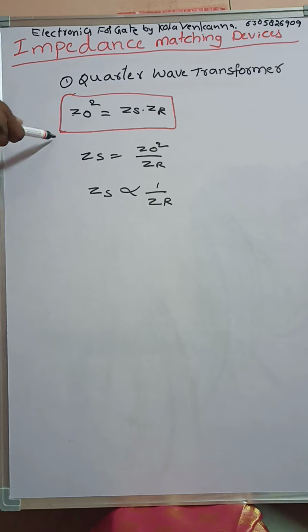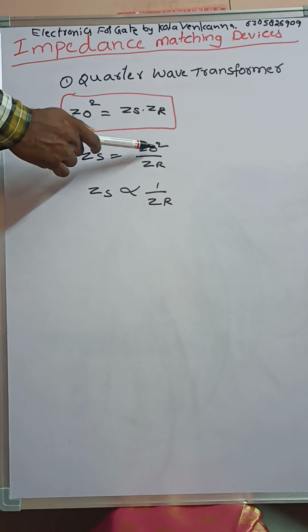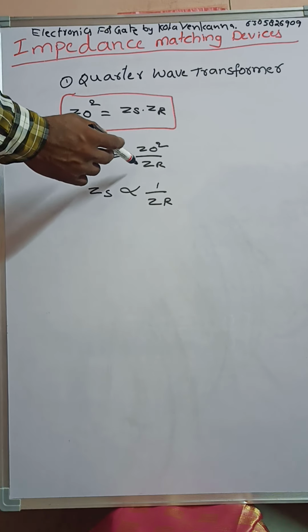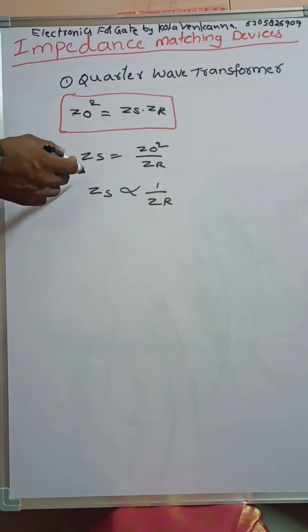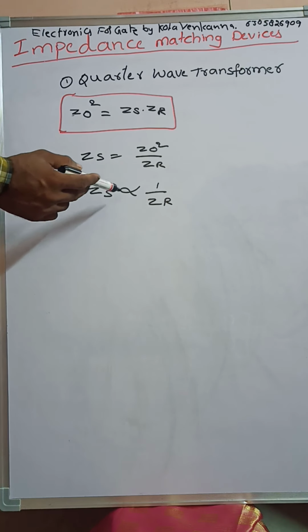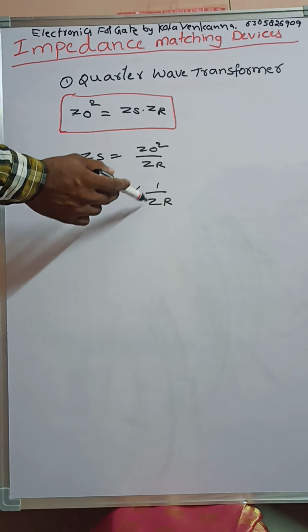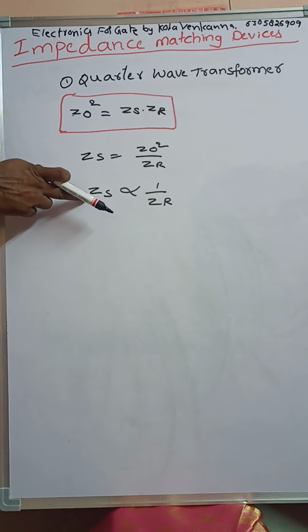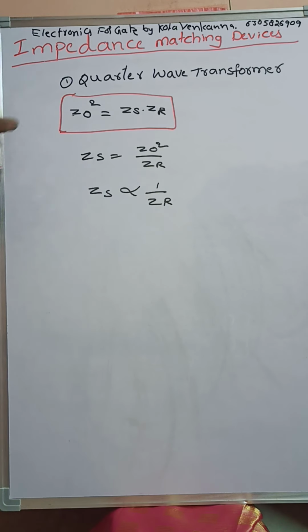From this equation, Zs is equal to Z0 square by Zr, so Zs is directly proportional to 1 by Zr. If Zs increases, then Zr decreases. If Zr increases, Zs decreases.